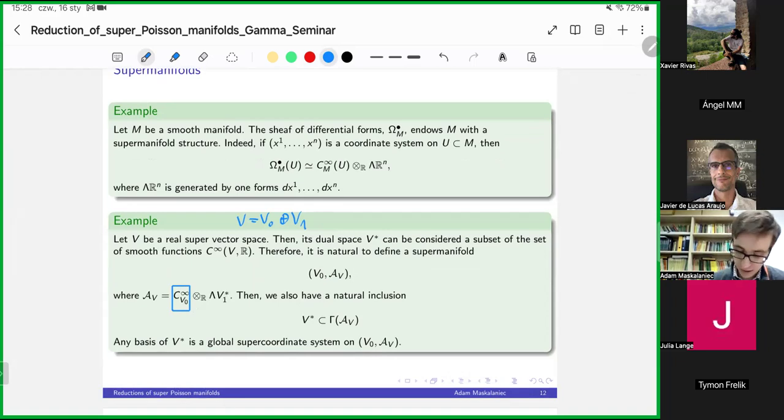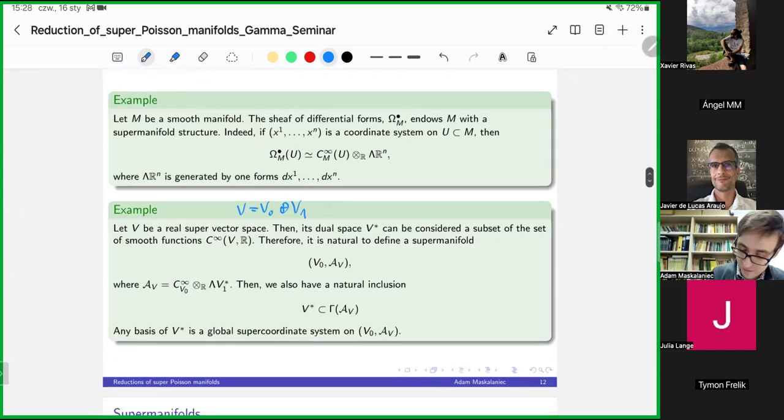Then, if we are given any basis of V star, this basis gives us a supercoordinate system on V viewed as a supermanifold. And now we may see that if we are given any morphism of supervector spaces between V and W that preserves the degree, it naturally induces a morphism of supermanifolds constructed in this way.